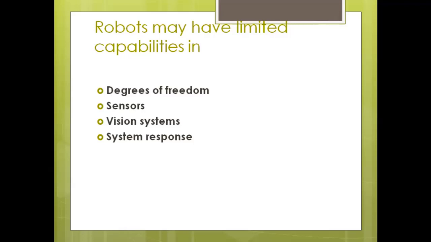That is another limitation. Then vision system. Robots don't have any vision systems. Then system response. Sometimes the robot can respond properly, sometimes the robot can't respond properly. These are some limitations of the robots.